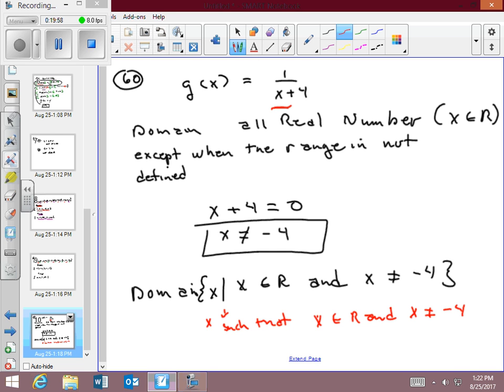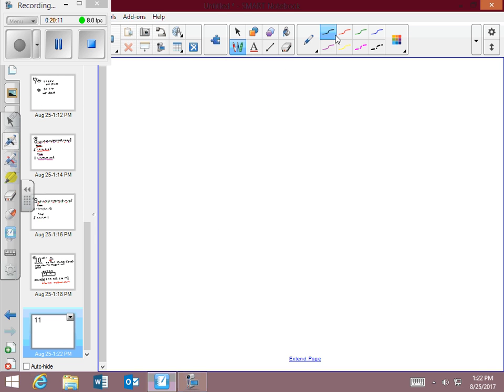That little straight line is just such that. And that's called set builder notation. Your book probably won't use it, but you will come in contact with it over time.